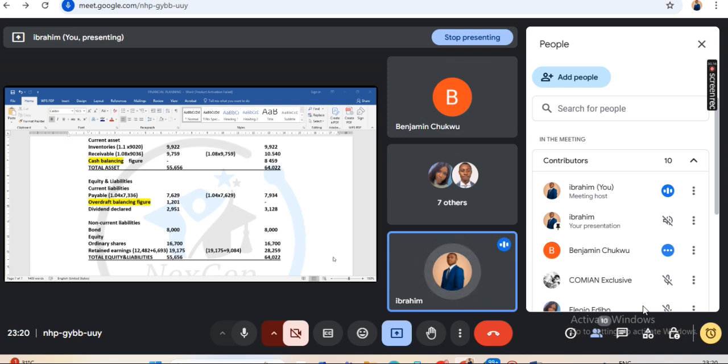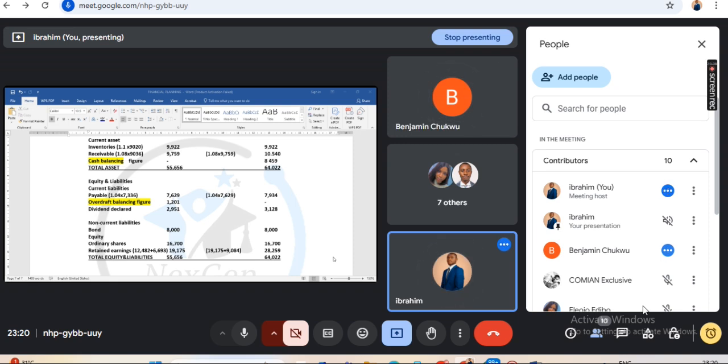Your dividend paid will be used in your statement of cash flow, where it is treated as an outflow because you paid dividend. Your dividend declared, because it is yet to be paid, will be treated as a liability in the statement of financial position. Don't forget the objective of doing all these things.